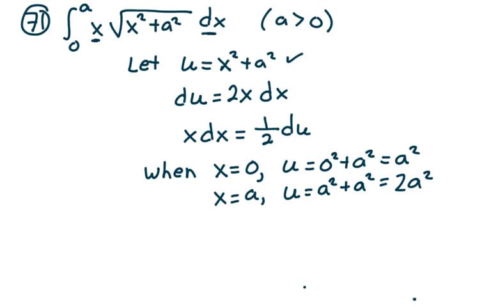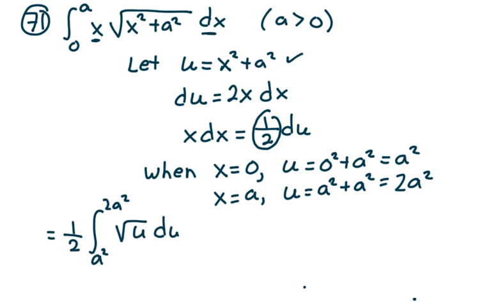Now, I'm going to take this 1/2 here and pull it outside the integral. So this is 1/2 the integral from a squared to 2a squared of square root of u du. Okay? Now, this is 1/2 the integral from a squared to 2a squared of u to the 1/2 du.